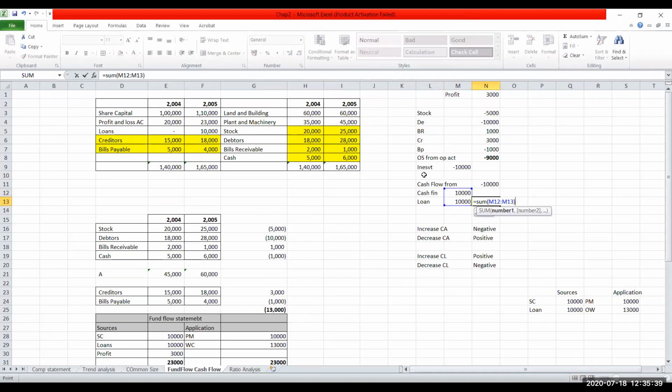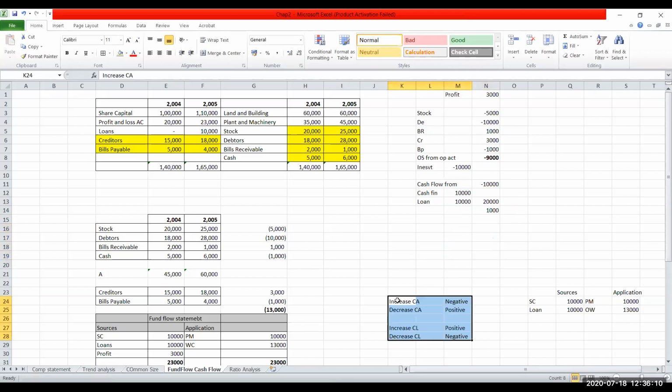So then it will be the sum of these two. So this is the cash from finance activity. So if I take this plus this plus this, I get 1,000. This is the balancing figure.